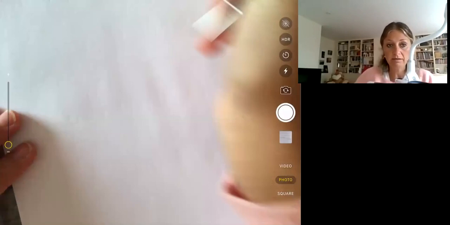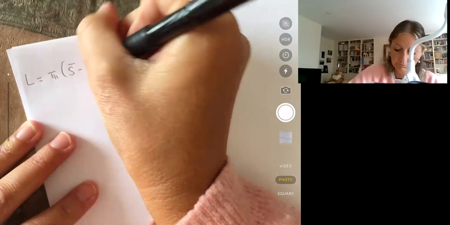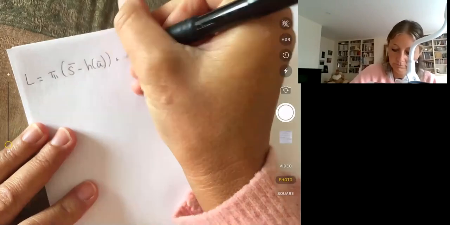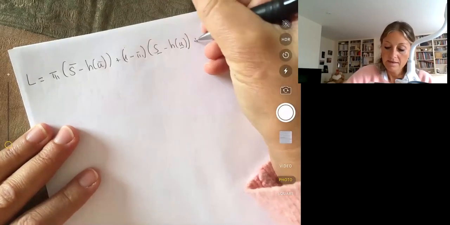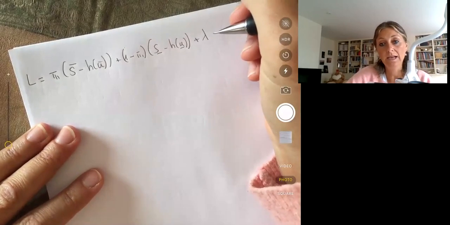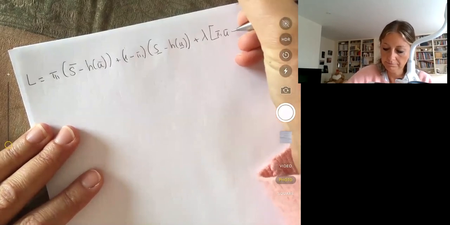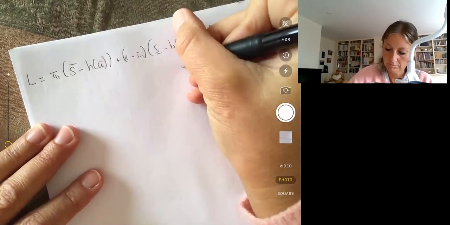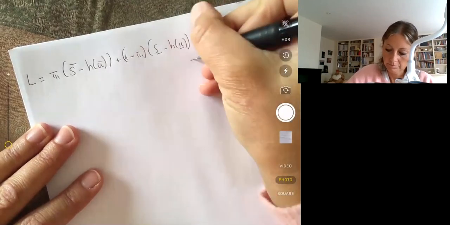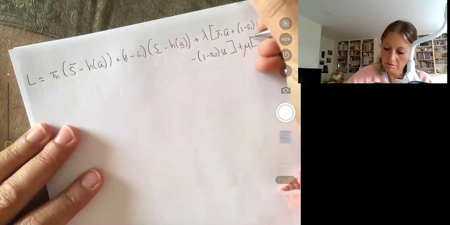So we can construct the Lagrangian function, which puts together the utility function and the constraints by using the Lagrange multipliers: lambda for the incentive compatibility constraint, and mu for the participation constraint.